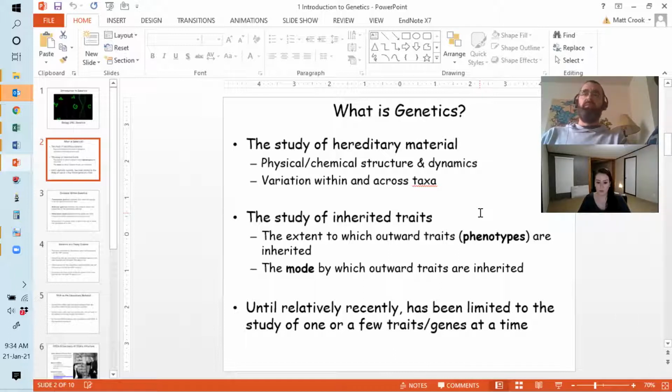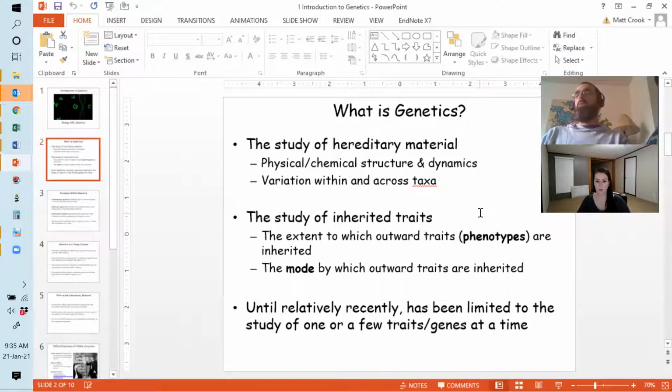Without knowing any of that information, the basis for that trait is largely a mystery. We want to know because we're curious monkeys. We really want to know why something works the way it works. At least I do. That's kind of why I'm a geneticist.